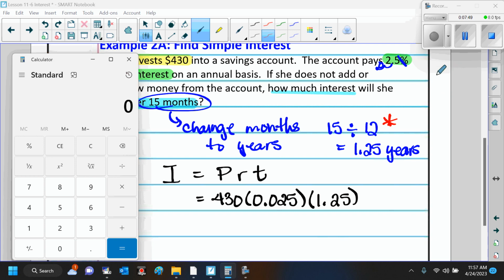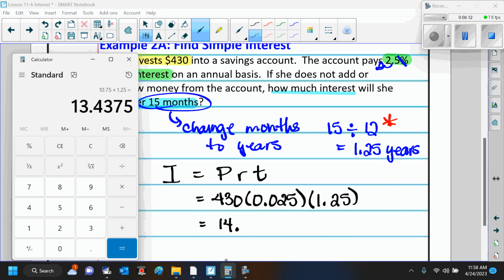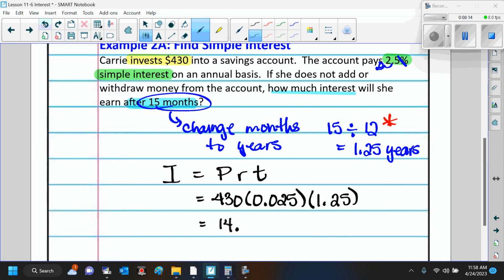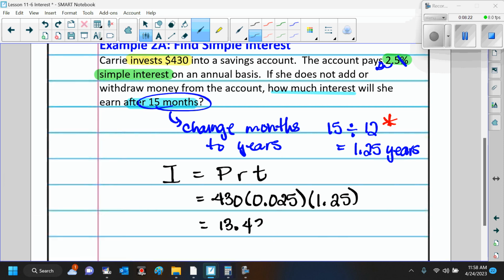Okay? So now we just multiply. So we have 430 times 0.025 times 1.25, and you get 13.4375.